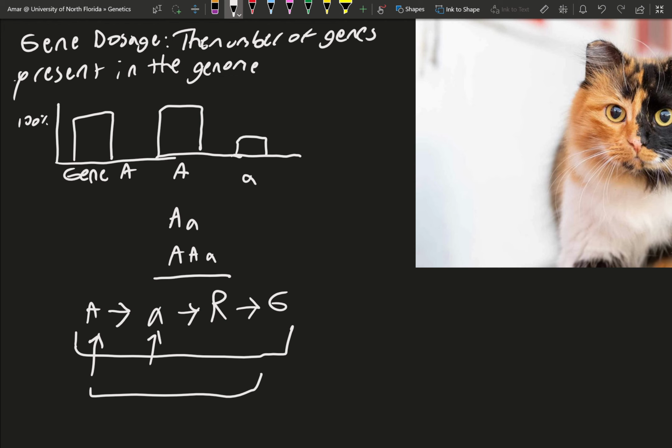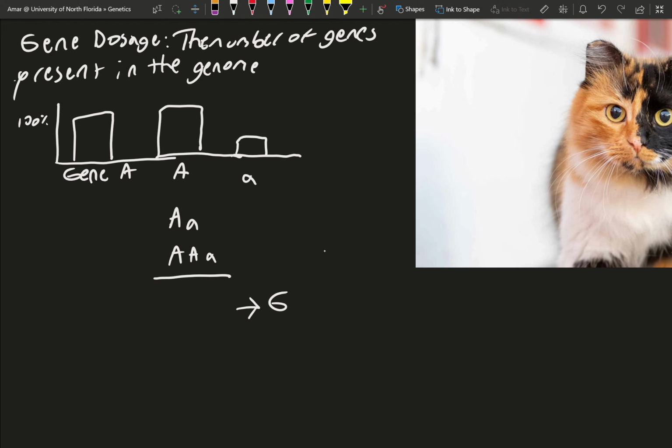The reason why it's important in this chapter is because X chromosomes are essentially a part of an issue on gene dosage.